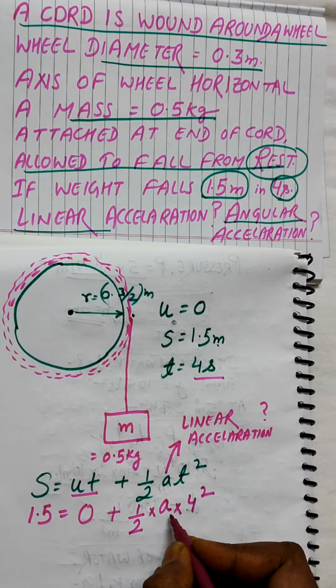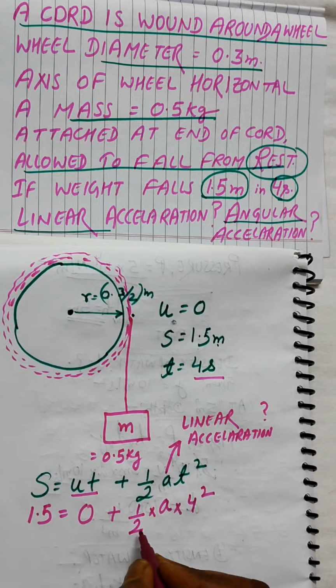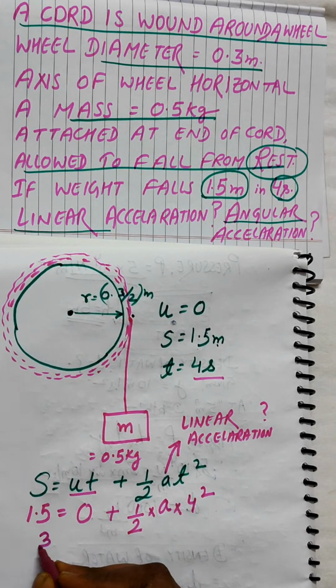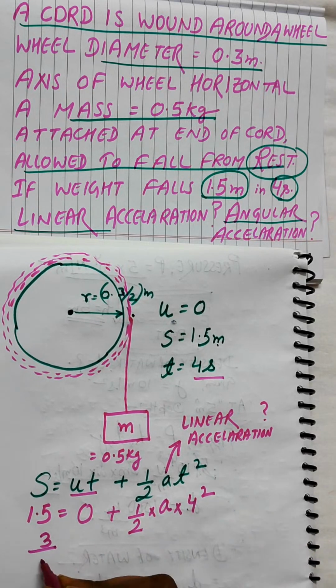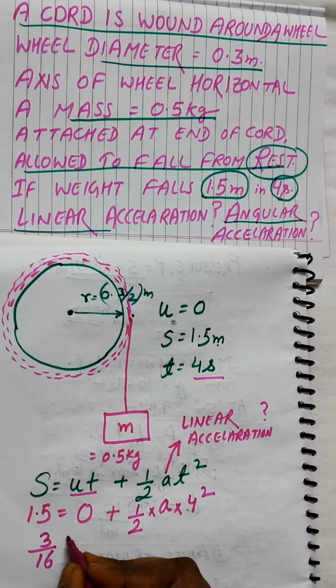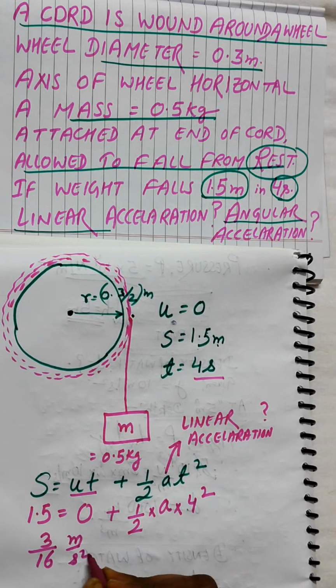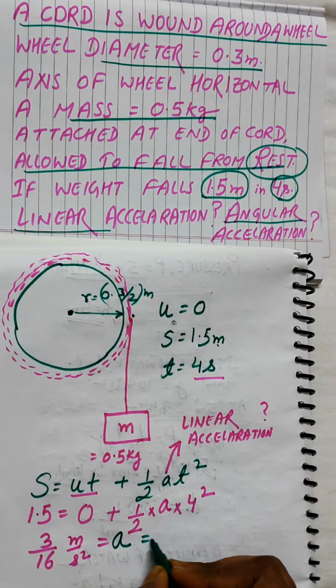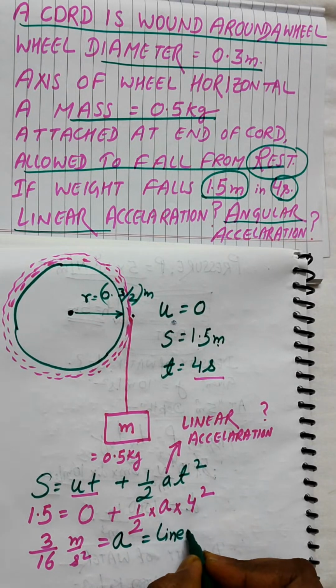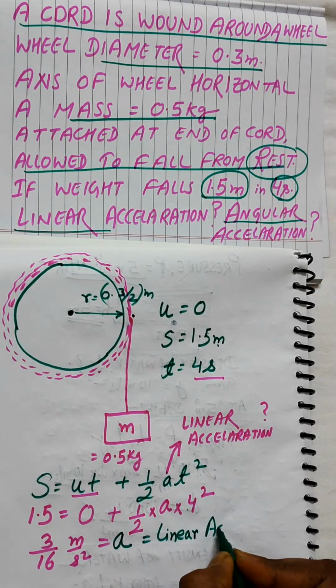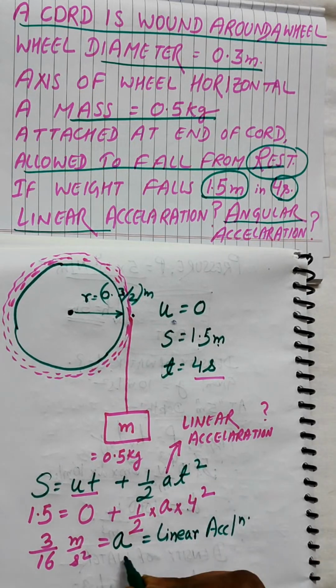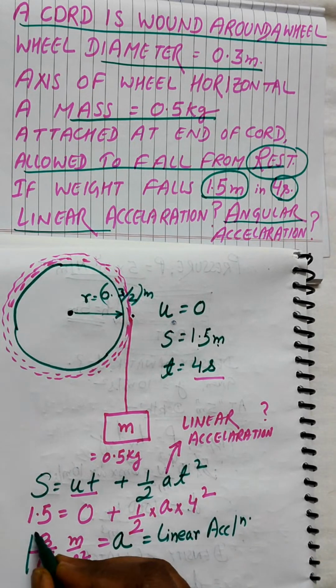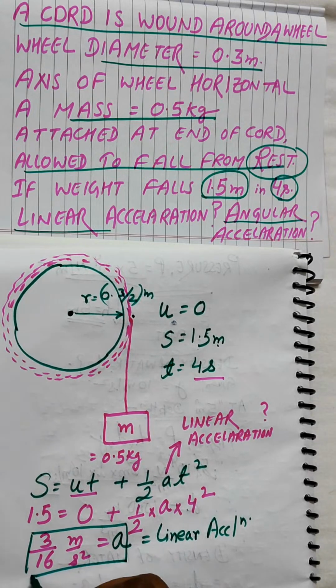This will give you the value of a, the linear acceleration. Just solve it. 1.5 into 2 is 3. So 3 by 4 square, that is 16. So 3 by 16 meter per second square is the value of a, which is the linear acceleration.